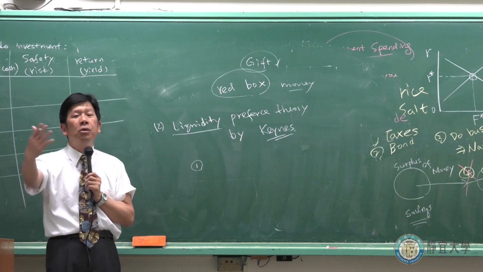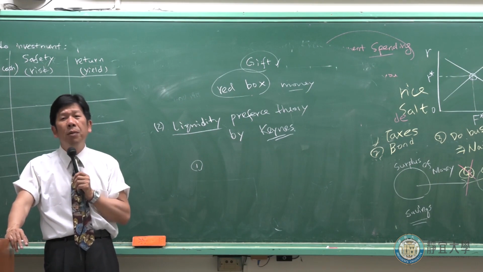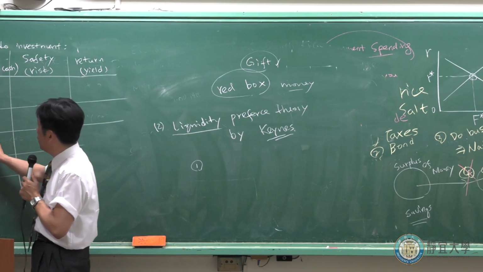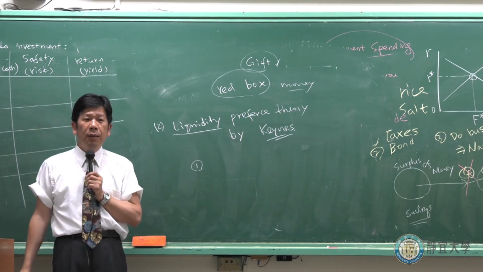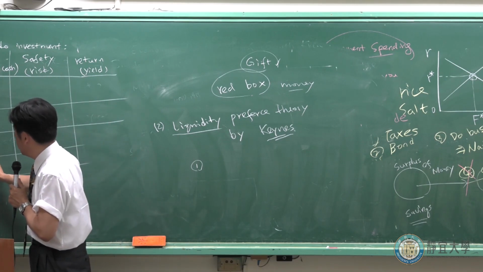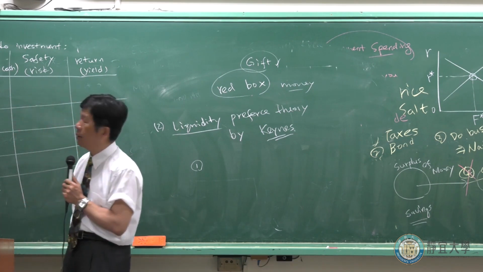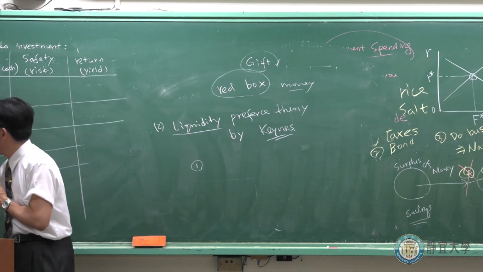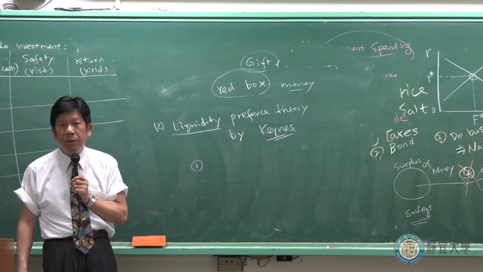You want to sell the stock, maybe you can sell it, but maybe not. And if you buy a building, maybe 50%. And housing, maybe this is 30%, this is 20%. You want to buy a house, it's very easy to buy, but very difficult to sell.